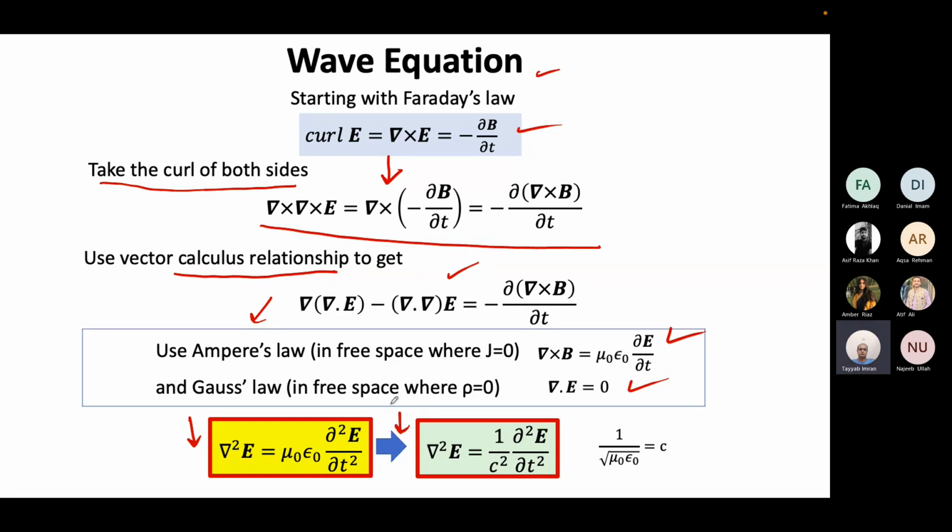ठीक है? और इस wave equation में you know that this is electric field and permeability and permittivity. And this side is depending on the time, and this side is depending on the position or space.